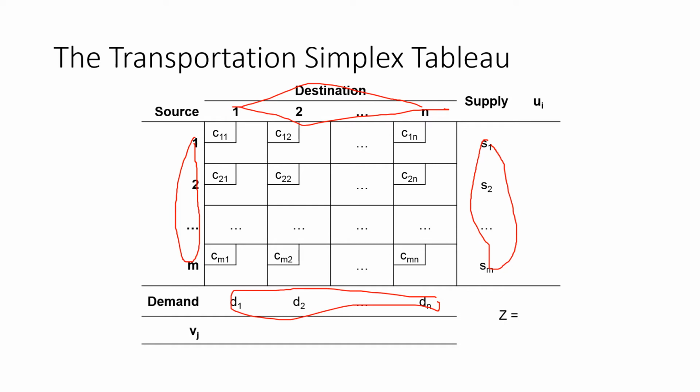And as I told you, the problem must be balanced. That means if I sum up all these Si's and all these Dj's, they should be equal. If they're not equal, I'm going to have to create either a dummy source or a dummy destination with a capacity equal to the difference, and I will insert it into this table. I will see that in the next few slides too.